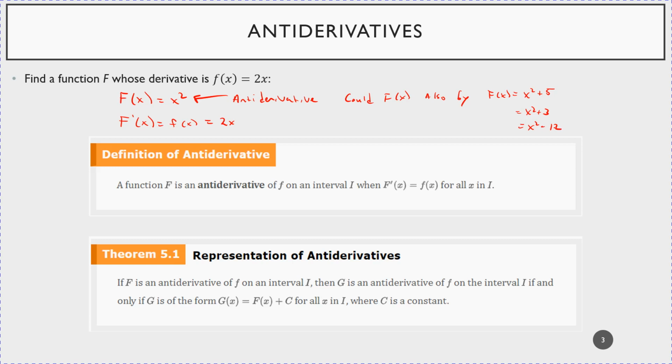So the way we're going to show antiderivatives is the following. If capital F is an antiderivative of f on an interval I, then capital G is an antiderivative of lowercase f as well on the interval I if and only if G is of this form: G of x is equal to capital F of x plus C for all x in I, where C is a constant. We call this C the constant of integration.